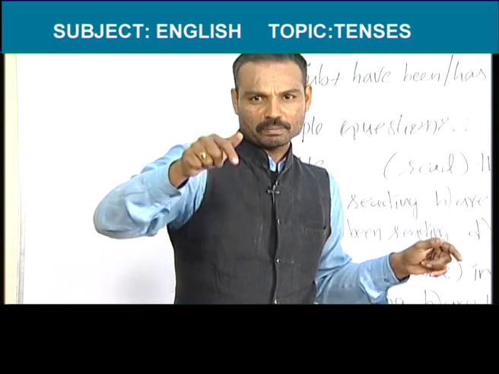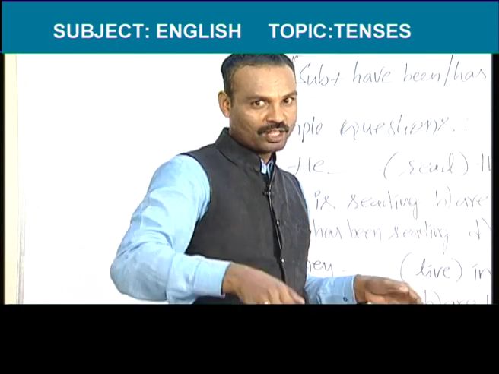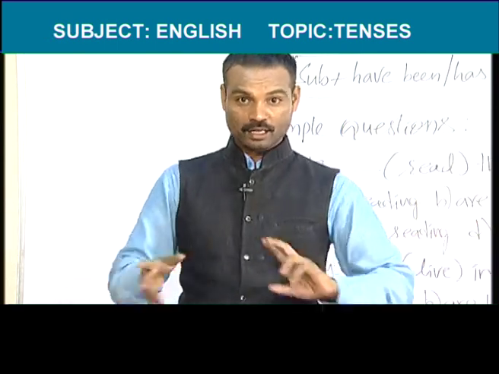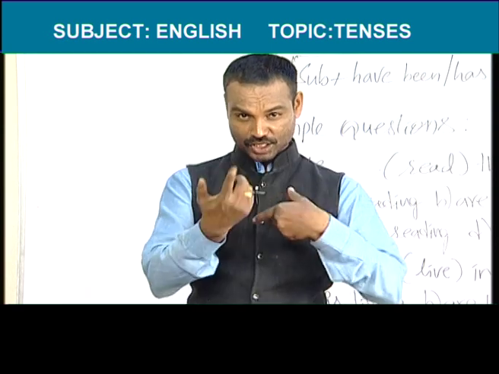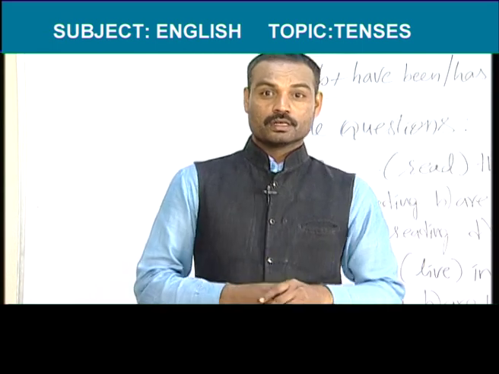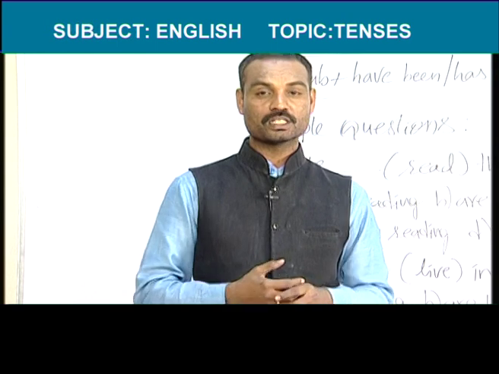To tell all present ongoing works, we should use present continuous tense. Whatever the action is going on right now. At this moment what is going on? I am talking to you now. This is one example. You are listening to me. That is another example. So the moment when we see any action is going on, that comes under present continuous tense.